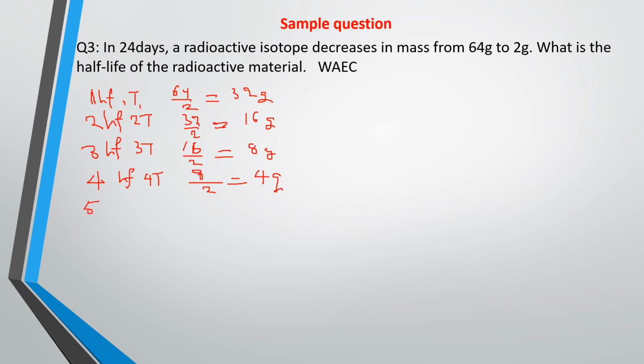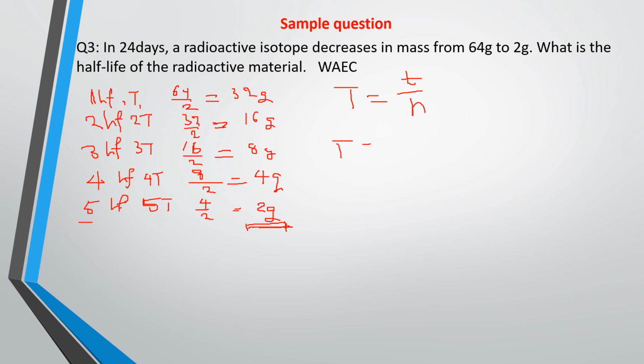At 5 half-lives, 4 grams divided by 2 equals 2 grams. So you see that it is going to take 5 half-lives for this substance to decay to 2 grams. Now remember we said that half-life is equal to time of decay over the number of half-lives.